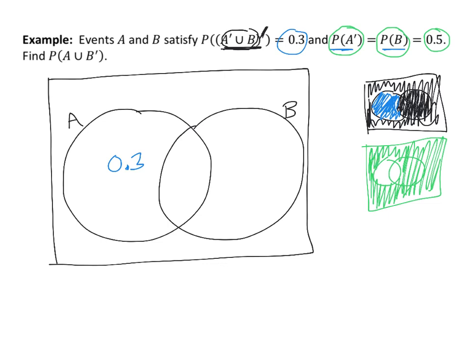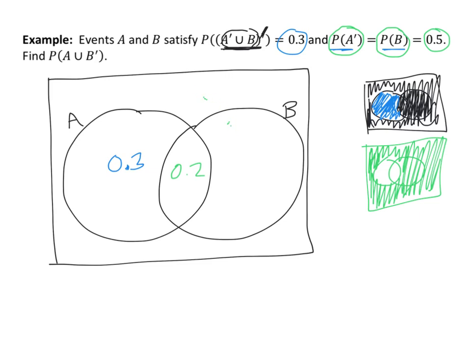In our diagram over here, it means that this and this together are 0.5. But wait a minute. If this is 0.3 and all of this stuff out here is 0.5, can't we tell what this is right here? Doesn't that mean that this region has to be 0.2, so that this can be 0.5 and all of the stuff outside of A can also be 0.5?